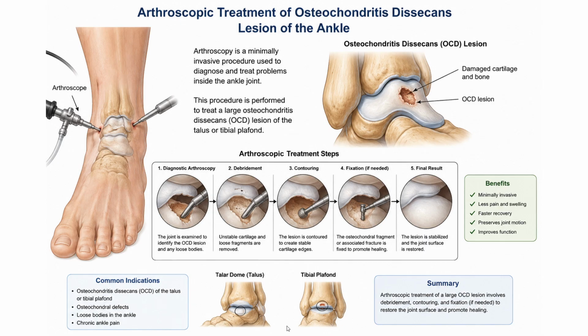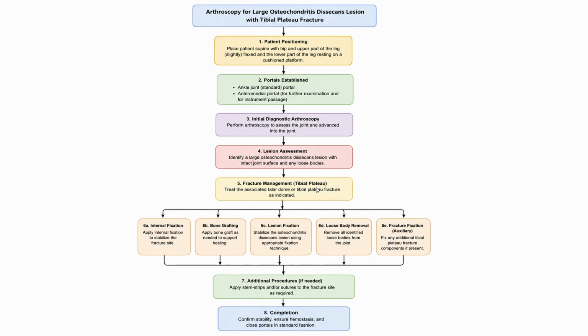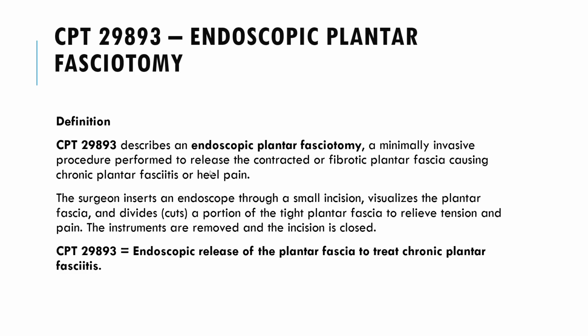This is a talar dome, this is a tibial plafond. Okay, downside is the talar dome and upside is the tibial plafond. So whenever he is performing the debridement of the OCD lesion, you can code this CPT. Okay, and fixation if needed he will perform. So mostly for debridement you can code this CPT.